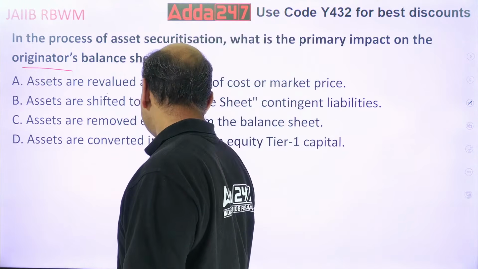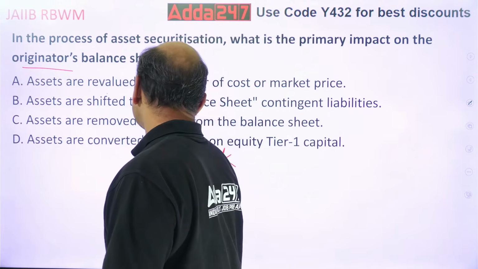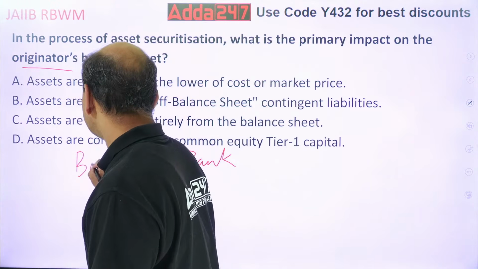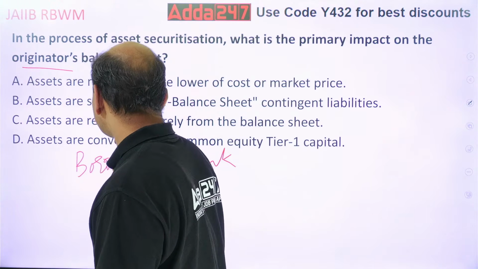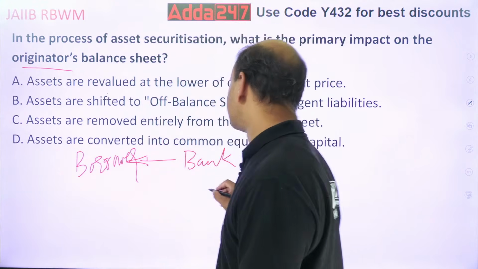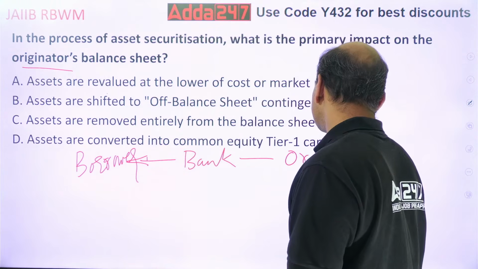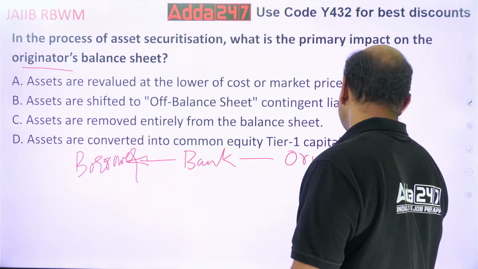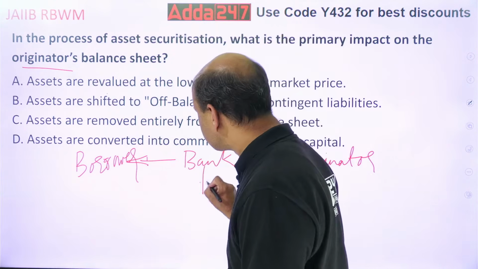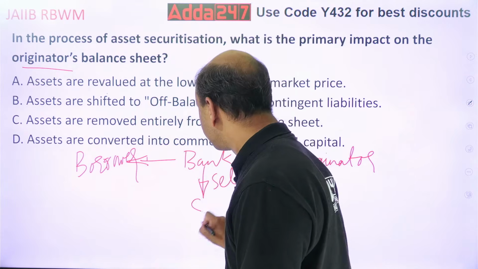See, bank gives the loan to the borrower. Okay, it gives a loan. So this is called as originator. Then this bank sells this loan to SPV.